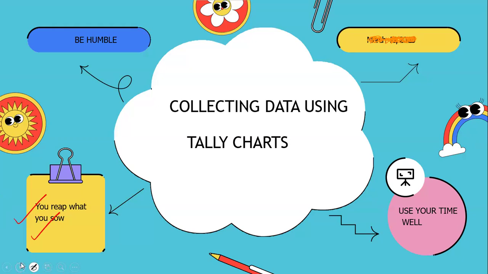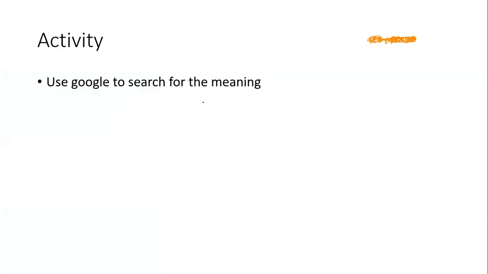Hope people are finished. Okay, now the first activity is there. Use Google to search for the meaning. Now you listen, because here we are testing your listening skills. I'm going to say it once and then I'm going to allow you to search.